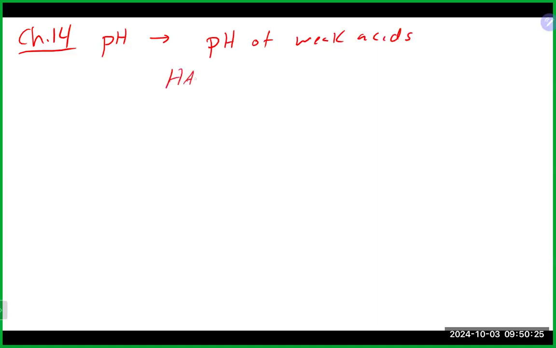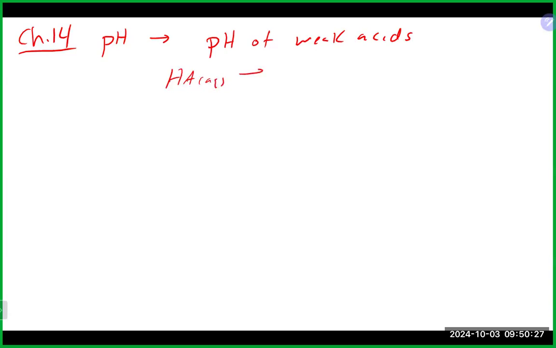So, we are in the never-ending chapter 14, and obviously we've been talking about pH in this chapter, and I believe last time we got into the pH of weak acids. And remember that because they're weak acids, they basically will set up an equilibrium.